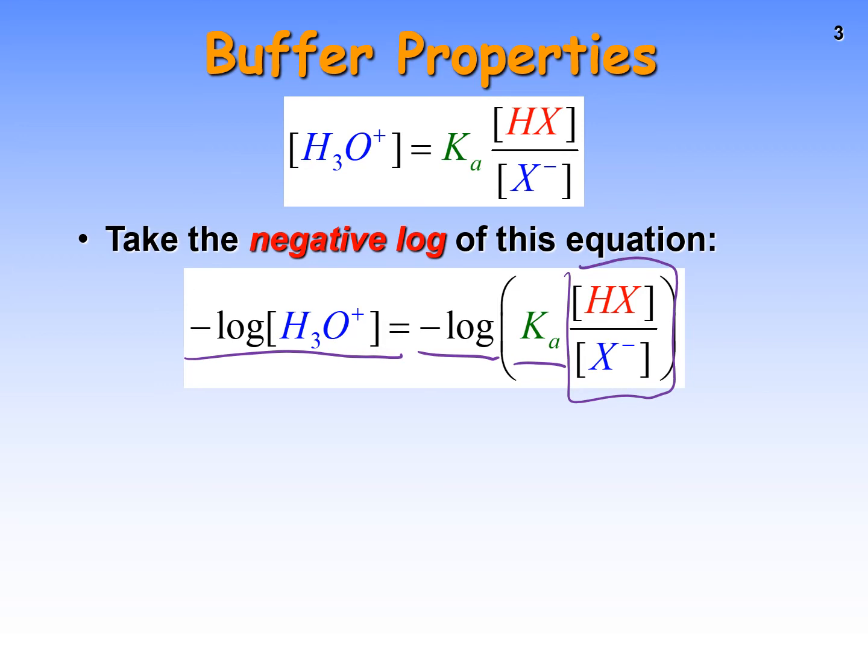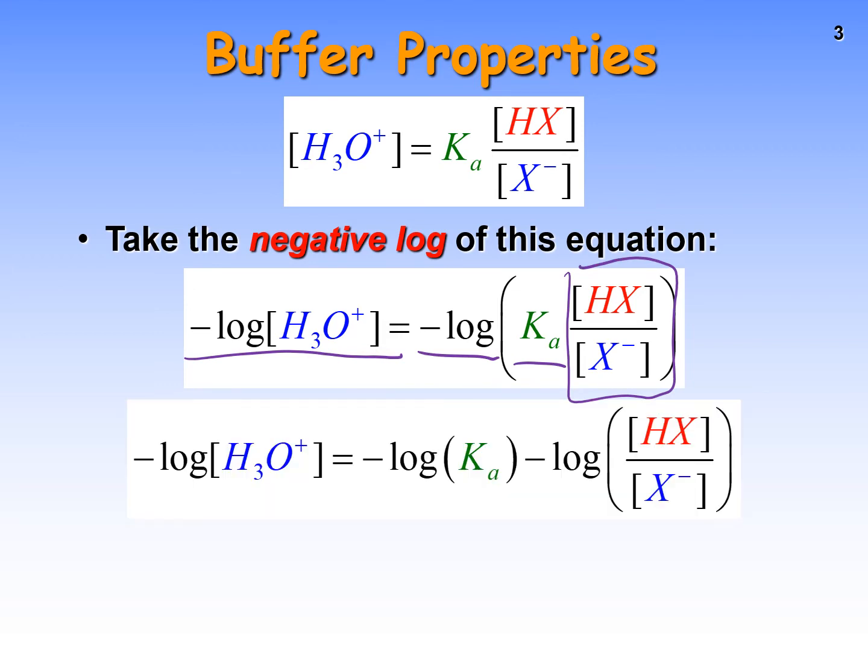We can simplify that a little bit using some log rules. When we multiply two things, that's the same thing as adding their logs. So if I take the log of this and the log of this and add them, that's the same thing as this expression. And again, the negative carries over here. So negative log of this is pH, and negative log of this is pKa.